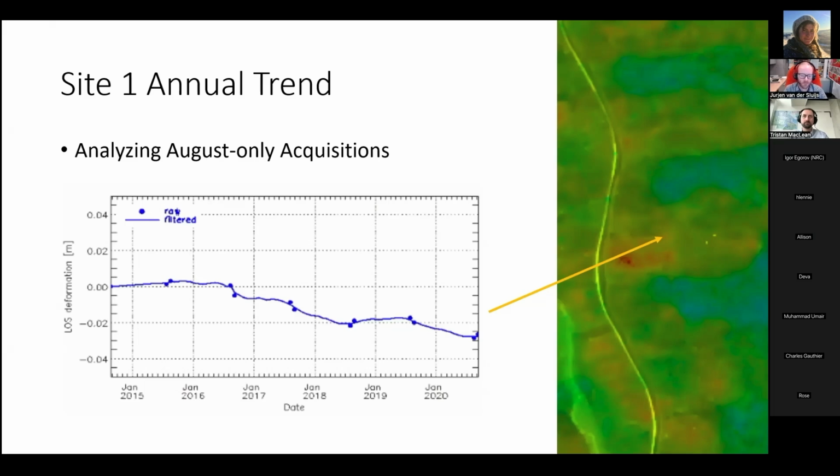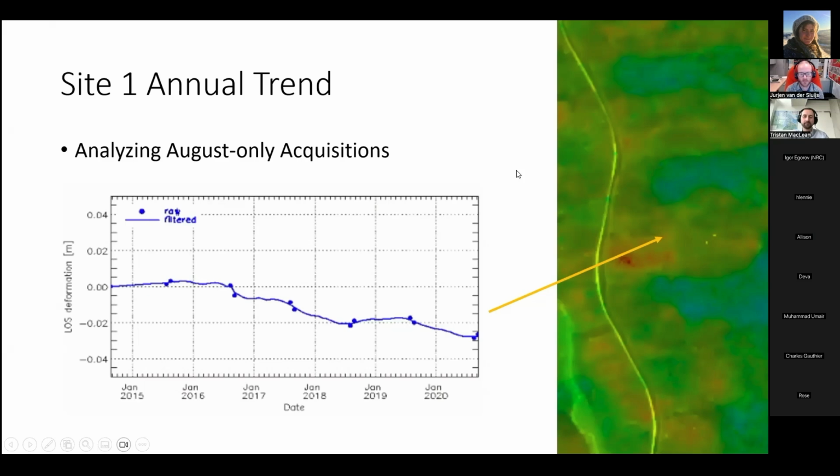And so with the August-only data, during the summer you're also going to have signals from vegetation growth, and there's going to be soil moisture. I found that soil moisture is impacting a large amount of the signal, especially in this blue area. This is polygonal terrain, and it's also depressed, so there's a lot of water accumulation and a lot of vegetation growth in these areas.